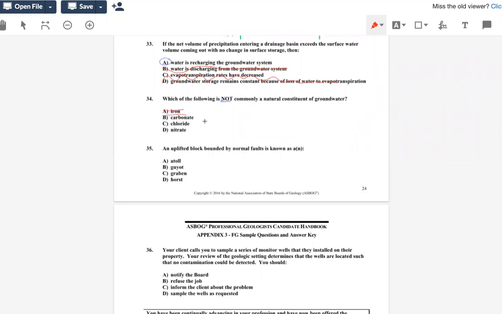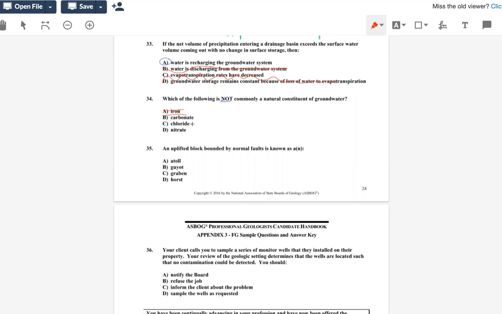So chloride. Interesting case here because chloride has both a natural and an anthropogenic source. So you see chlorides as a result of road de-icing salts, septic tank effluents, landfill leachates, things of that nature.